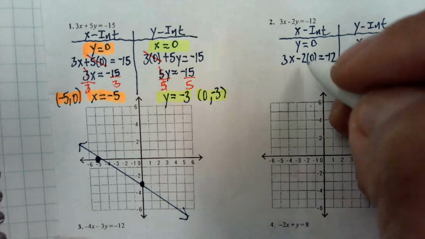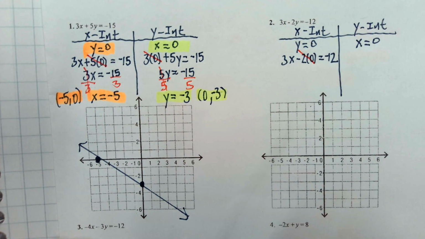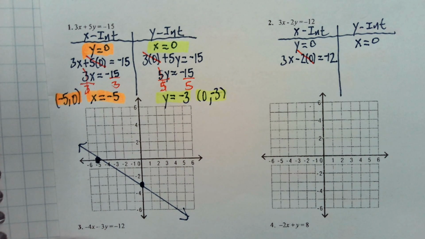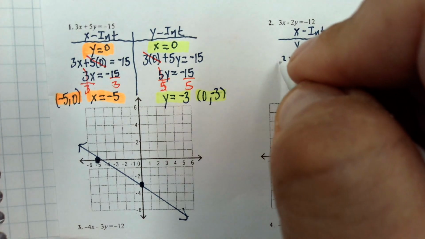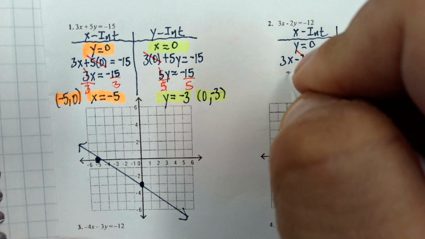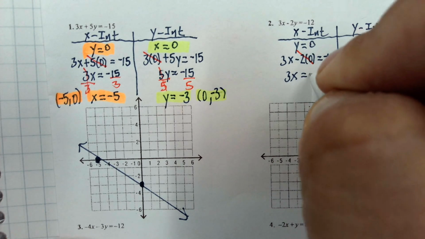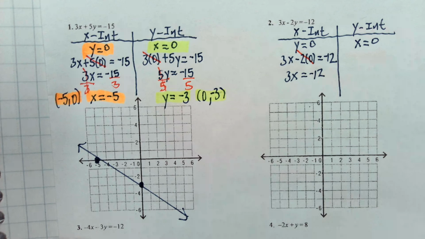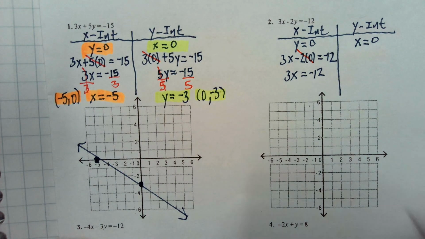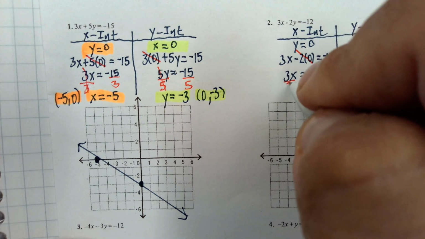And that means negative 2 times 0 goes away. In front of it, I don't have a negative, so this is just 3x equals negative 12. We'll solve that equation by dividing by 3.